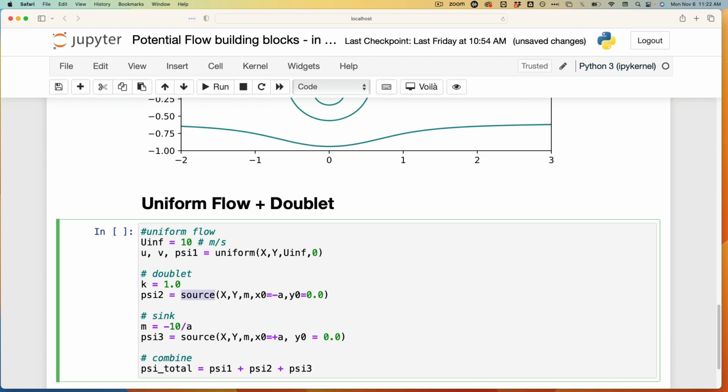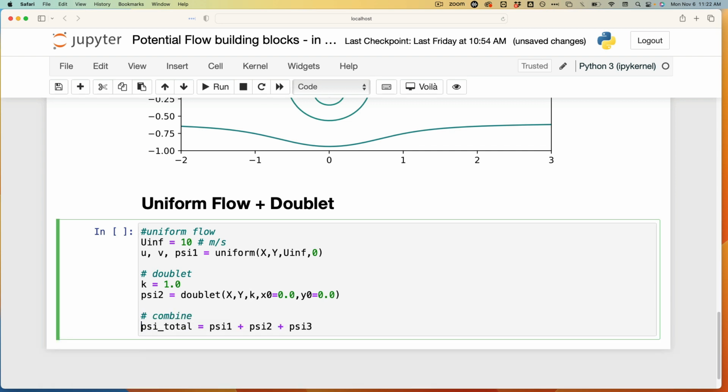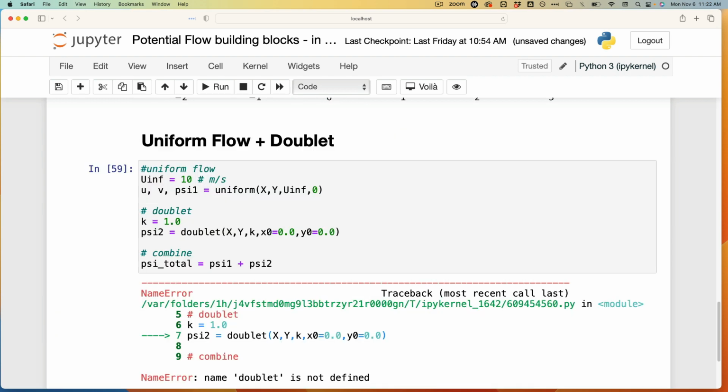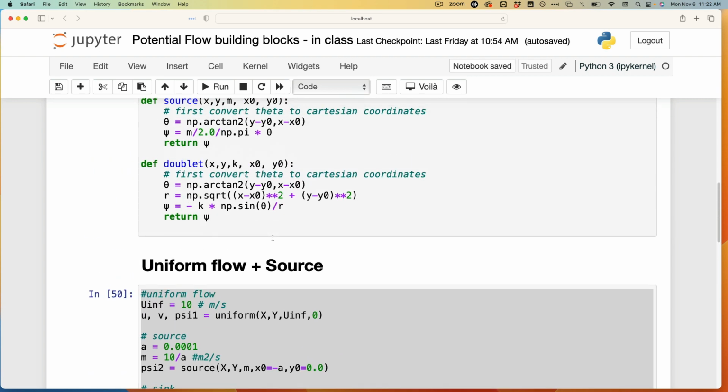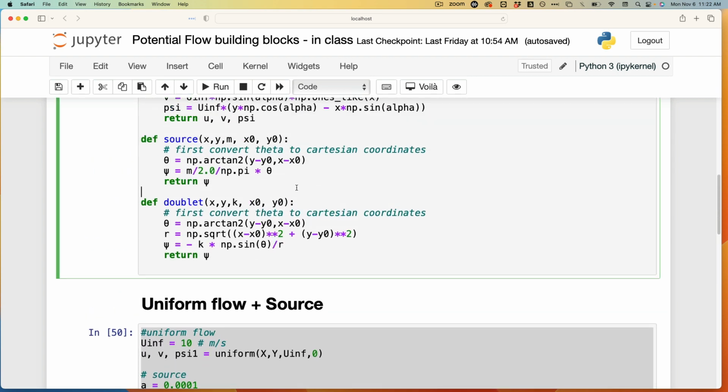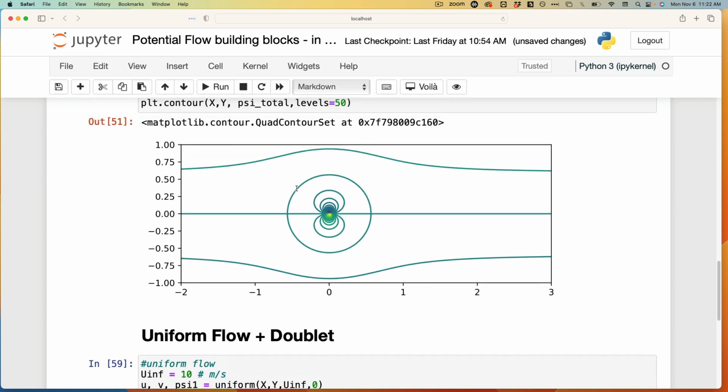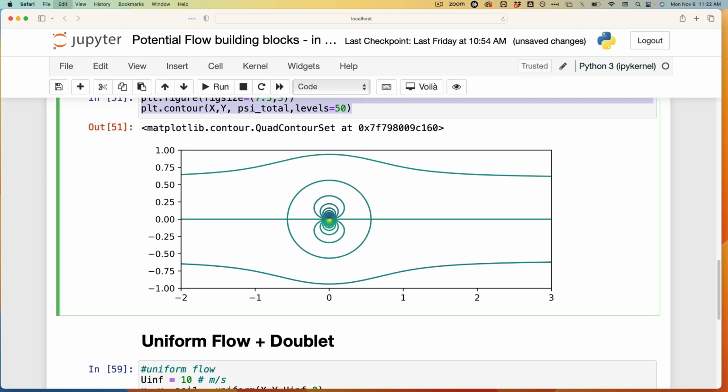C2 is a doublet at x0 equals 0 and y0 equals 0 with a strength k. C total is C1 plus C2. Well, doublet is not defined because we have to execute this cell. And let's also copy this guy.